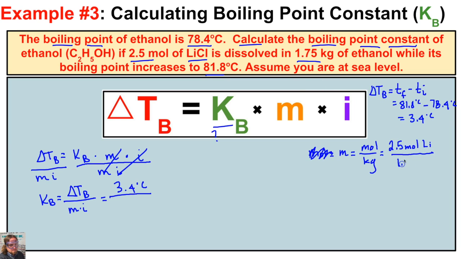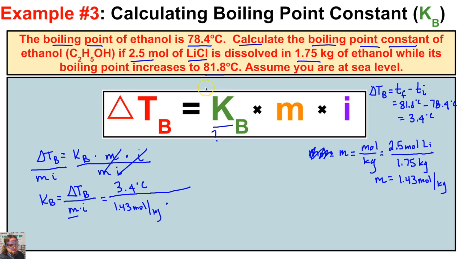So when we put 2.5 divided by 1.75 in our calculator, we end up with approximately 1.43 as the molality of our solution. We'll substitute that in: 1.43 moles per kilogram.